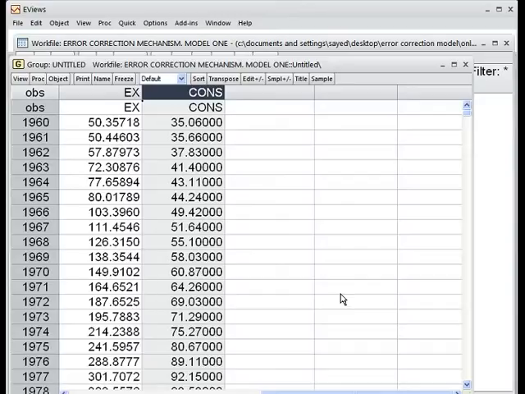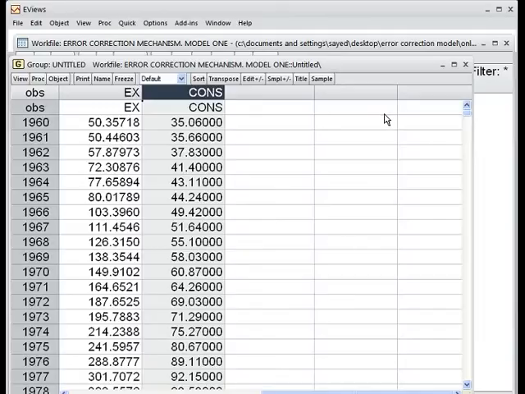We cannot accept any nonsense model. Now we check whether our model using these two variables is spurious or not. That we want to check now.